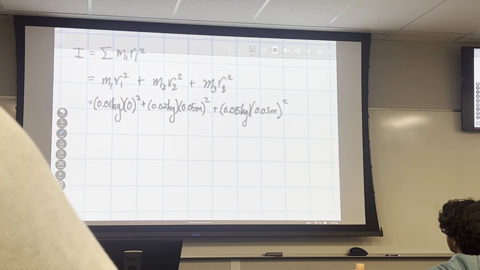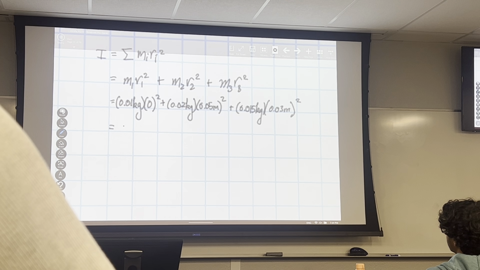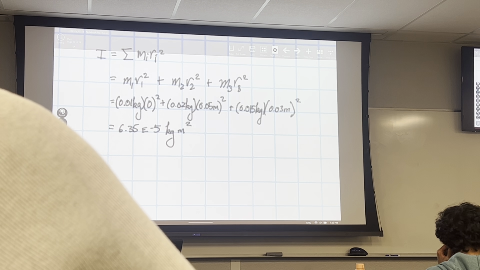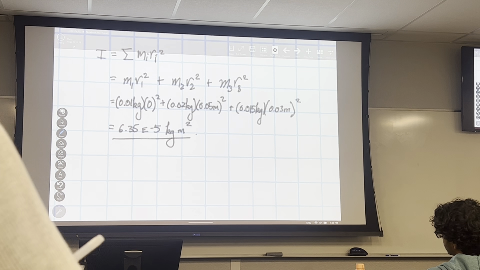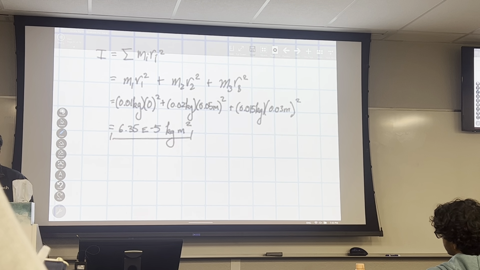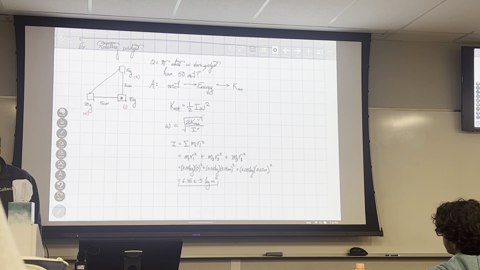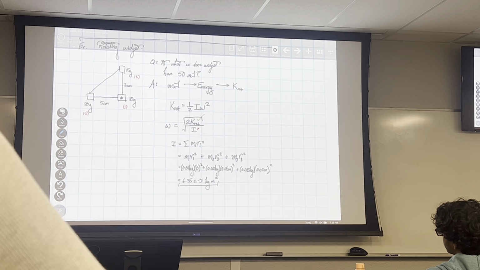I do have this number written down. This is 6.35 times 10 to the negative 5th kilogram meter squared. Do we have to convert it to kilograms? Yes, you need SI units, or you're not going to get the unit of joules.